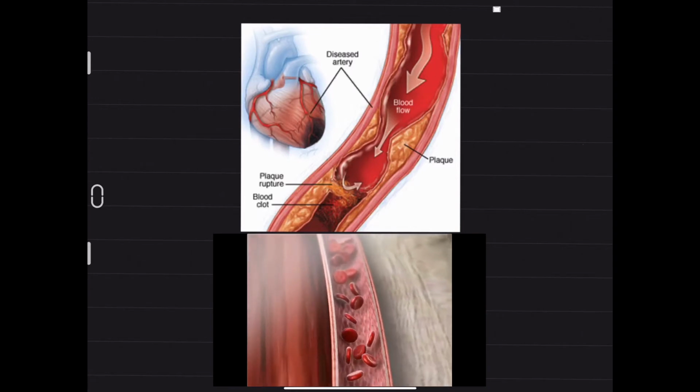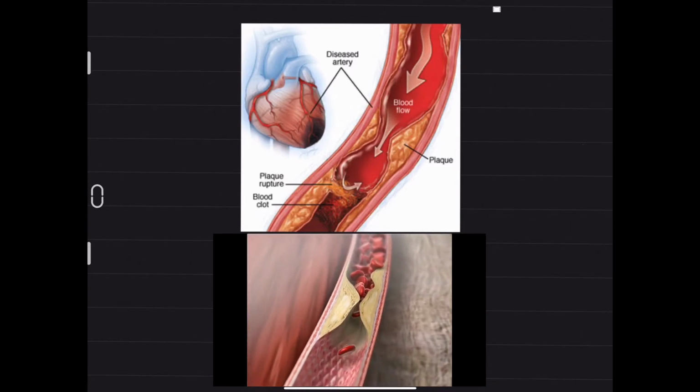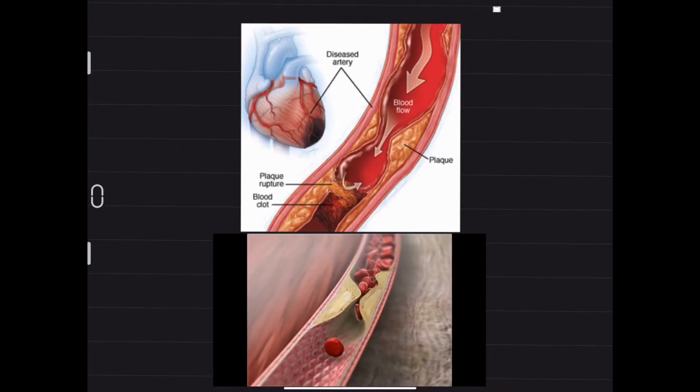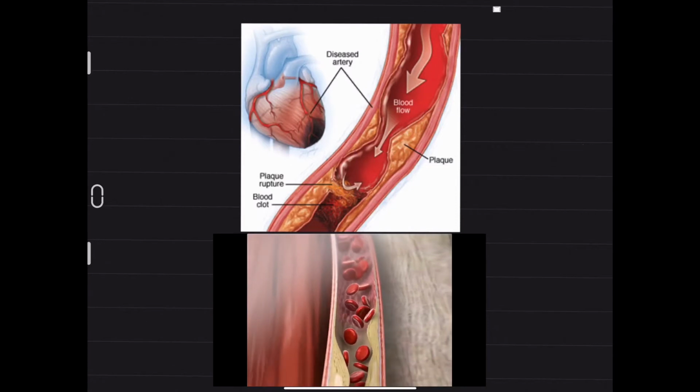This is where the cardiac muscle is dying, so the heart muscle is dying, and this is essentially what leads to the heart attack and what can lead to fatality.